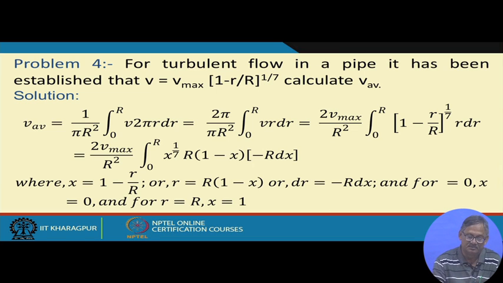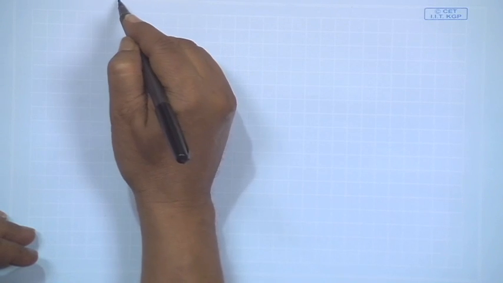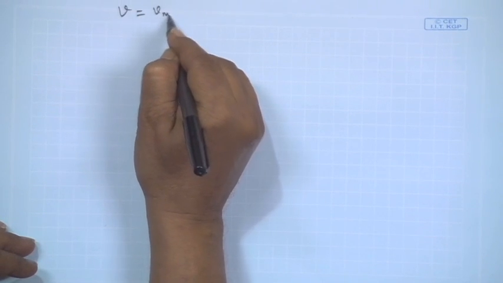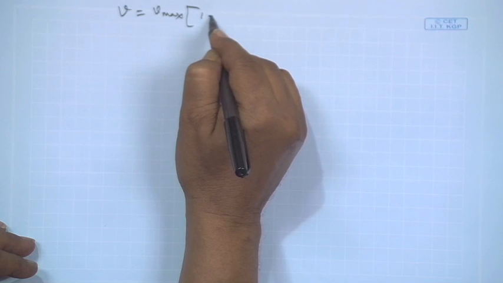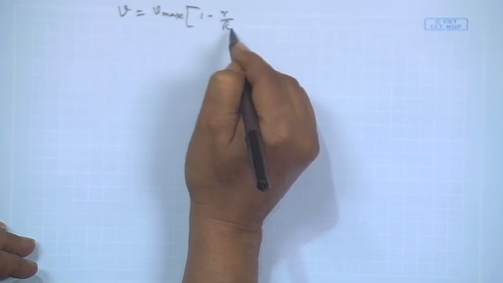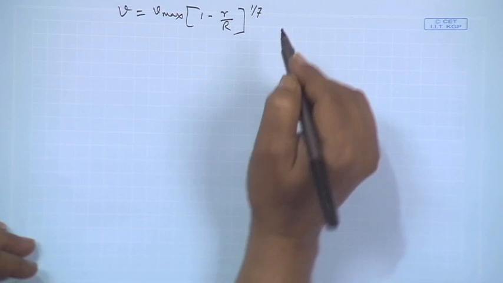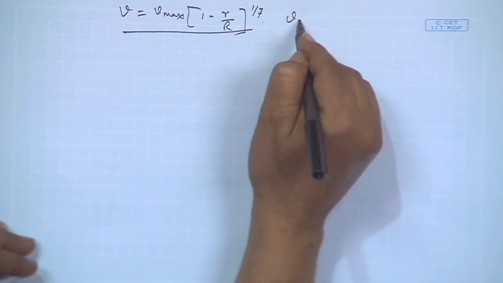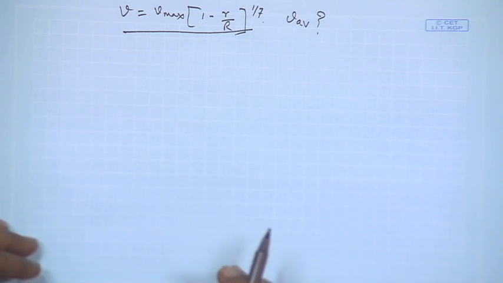So, if this is there, then what is the value of V average?